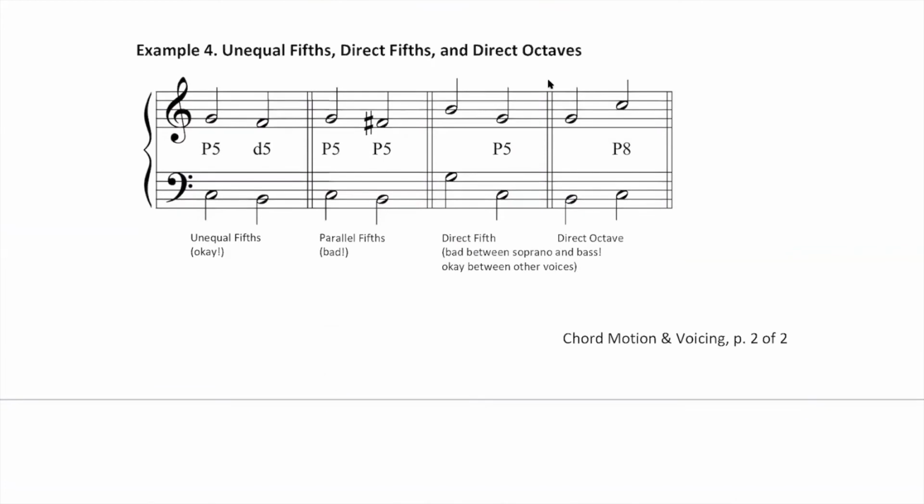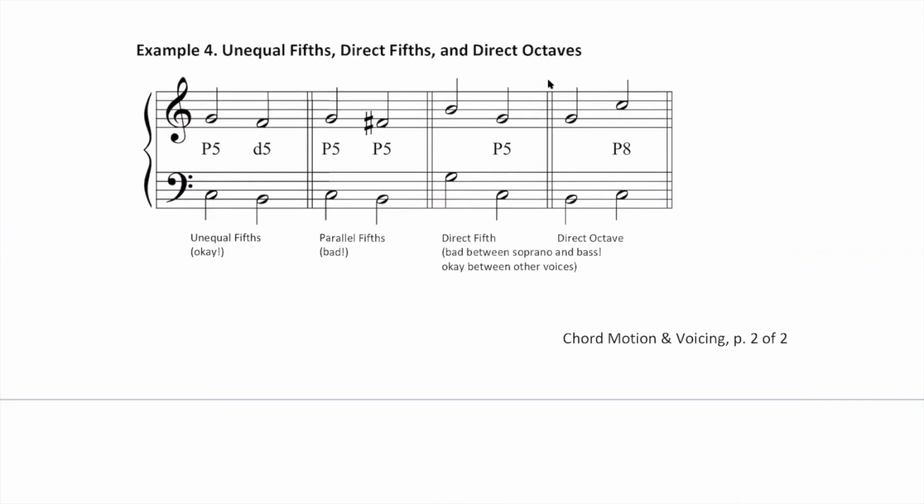The last idea I want to bring to your attention is a slight difference between when we have a perfect fifth going to a diminished fifth versus 2 successive perfect fifths. So this is where quality of interval really does matter.